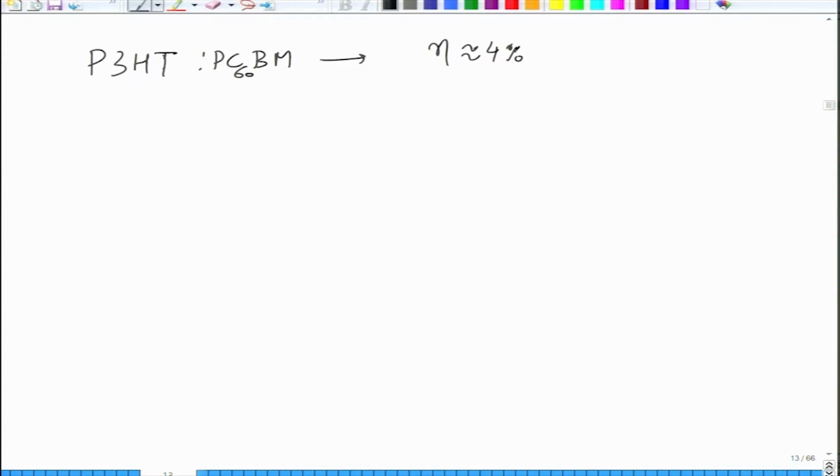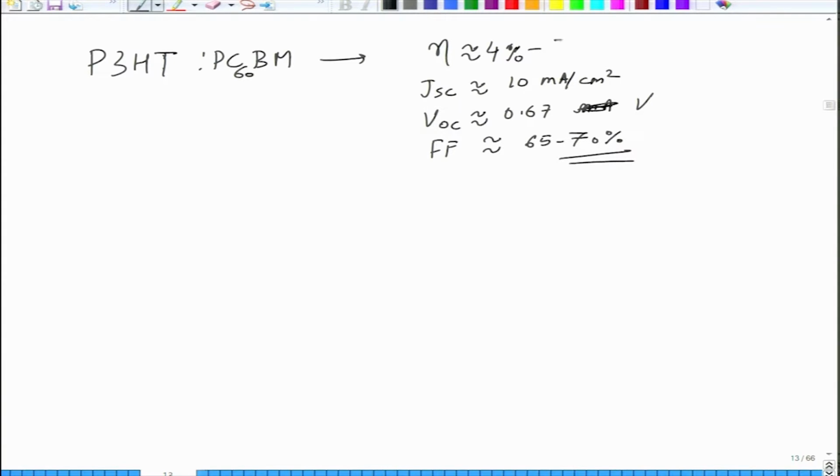The current that we obtain, JSC, is of the order of 10 milliamps per centimeter square. The VOC is of the order of 0.6 volts, and the fill factor is of the order of 65 to 70% in these devices, 4 to you can say 5%, the best devices.